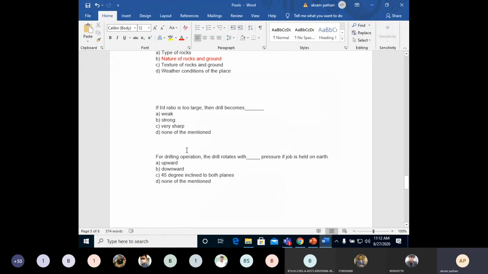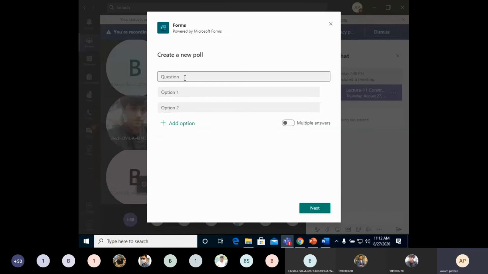The first question: for drilling operation, the drill rotates with dash pressure if the job is held on the earth. This is a common question.